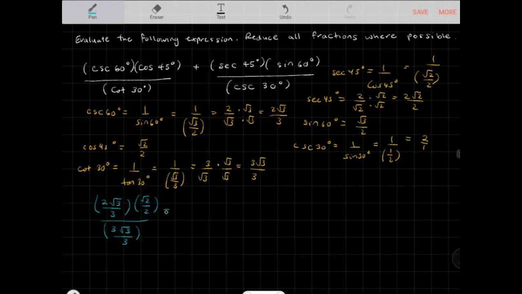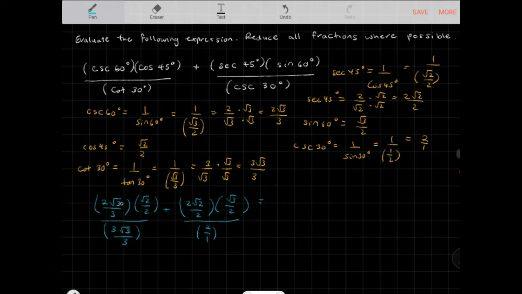And we're going to add this with secant 45, which we calculated was 2 square root 2 over 2, sine 60, which was square root 3 over 2, and cosecant 30, which is basically 2 over 1, right? And then if I simplify this, I'm going to multiply this out, right?